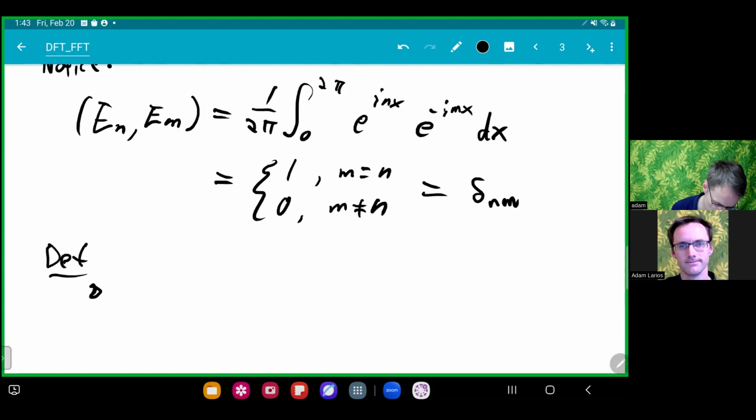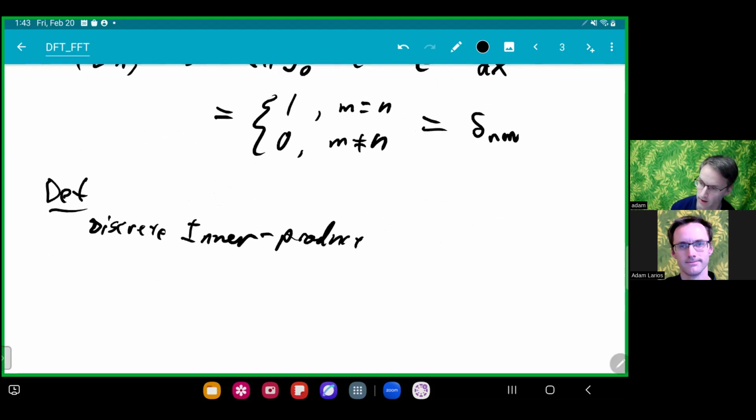This is the discrete inner product. It's a weighted inner product again. We'll take two functions, f and g, and denote this with an n.